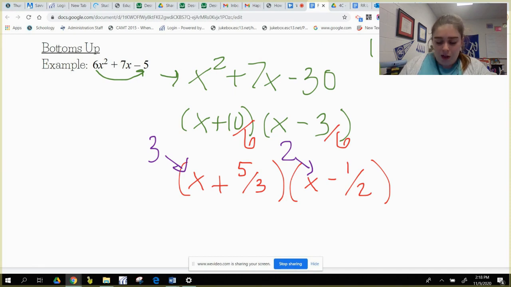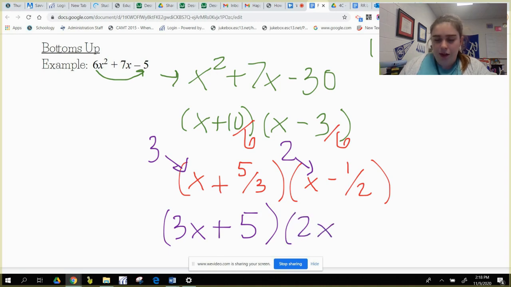If we multiply that first one by 3, that becomes 3x plus, and then those 3's cancel out for the 3 and the 5 over 3, so we're just left with 5. If we multiply the second binomial by 2, we get 2x, and the 2's cancel out with that fraction, so minus 1. And that is our original trinomial factored.